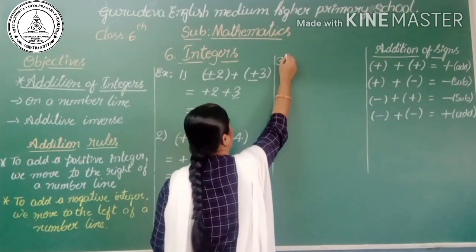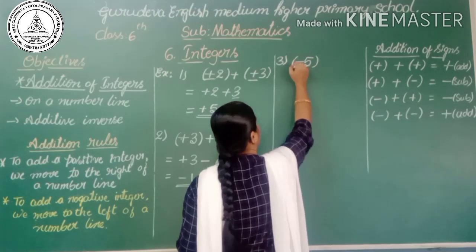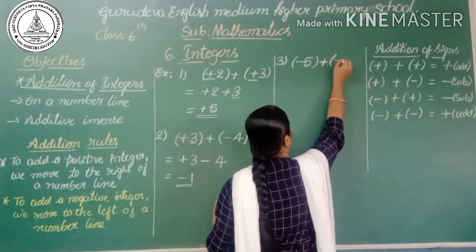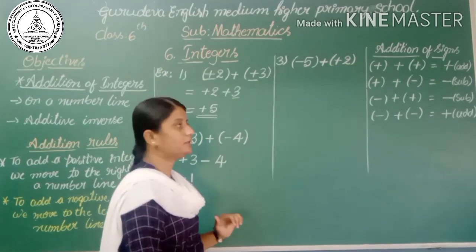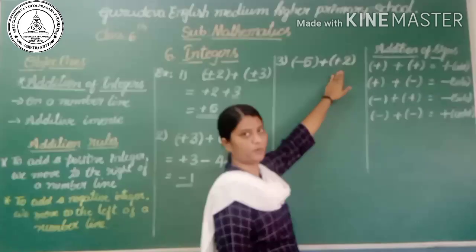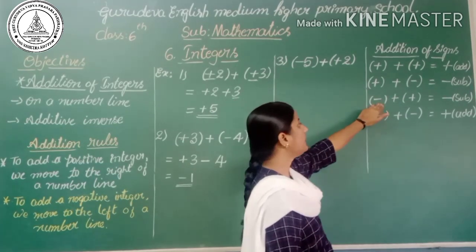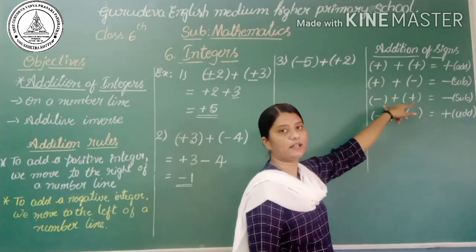The third example, I will take minus 5 plus of plus 2. Observe here, one integer is negative and the other is positive, so these two integers have unlike signs.